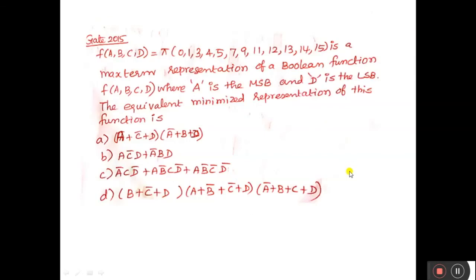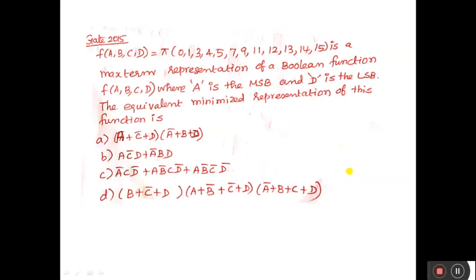This question was asked in GATE 2015. F of A, B, C, D is the max term 0, 1, 3, 4, 5, 7, 9, 11, 12, 13, 14, 15, a max term representation of a Boolean function f of A, B, C, D, where capital A is the MSB and capital D is the LSB.